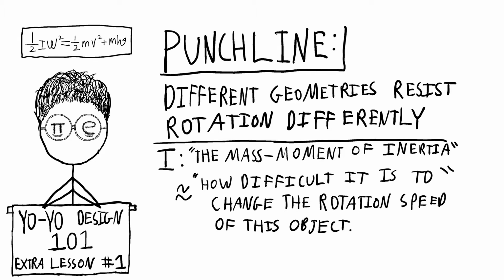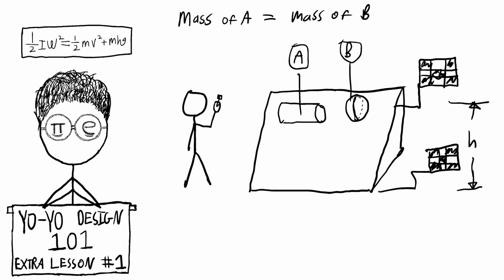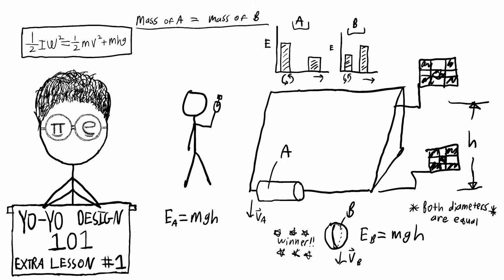This means that if you rolled 2 different round bodies down a plane with no initial velocity and therefore no linear kinetic energy, even after they've both traveled the same distance, meaning even after they've both absorbed the same amount of energy, the one with the higher mass moment of inertia resists rotation more and therefore absorbs more of that energy as rotational kinetic energy, despite the fact that it is spinning slower.